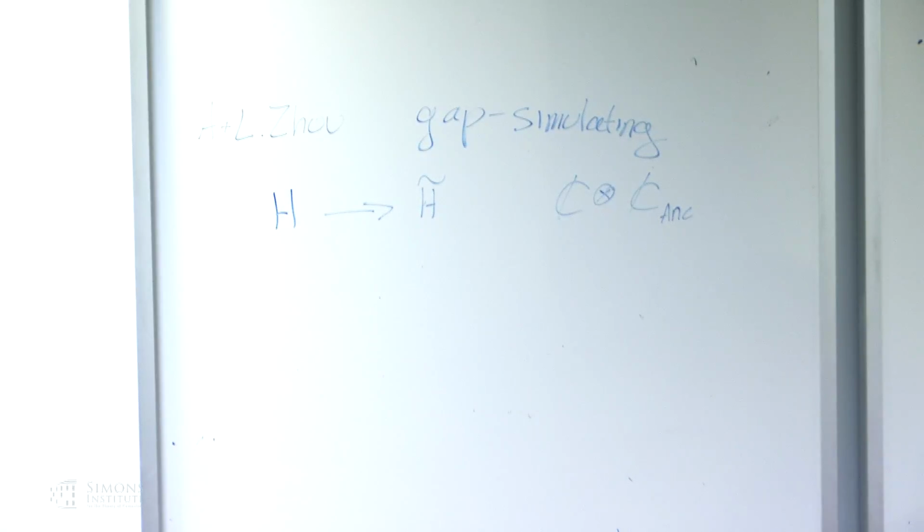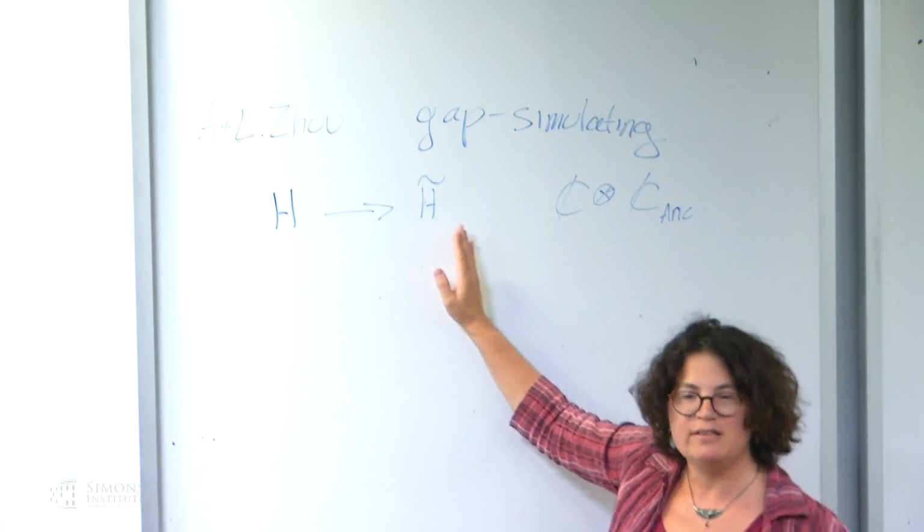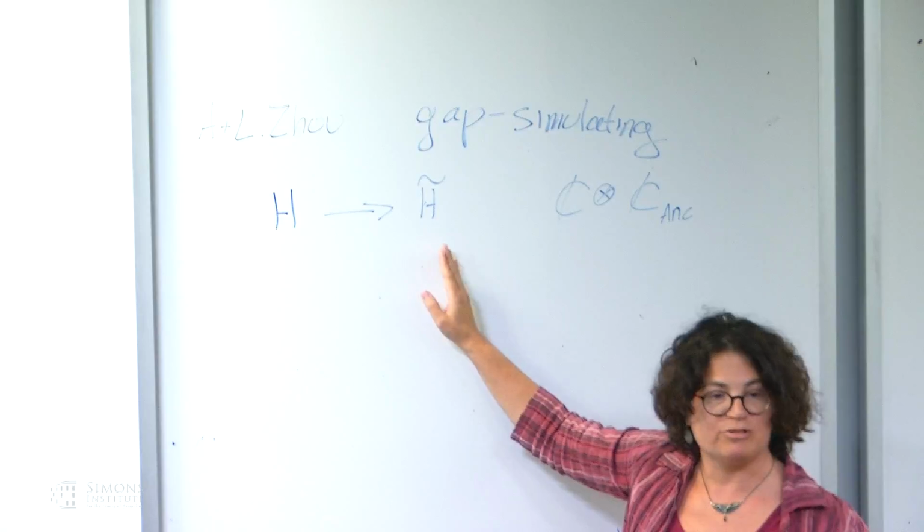And the question, once we define it correctly, is what are the resources required to do that? I should say that in things like perturbative gadgets, what you actually do is simulate the whole thing. So I don't want that. If I want to just simulate the ground state, the question is what are the resources required?